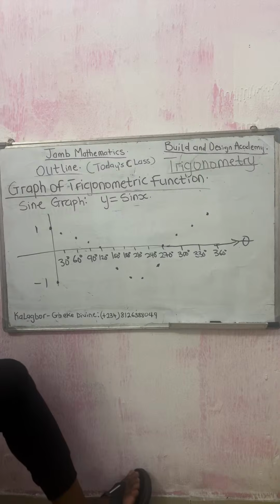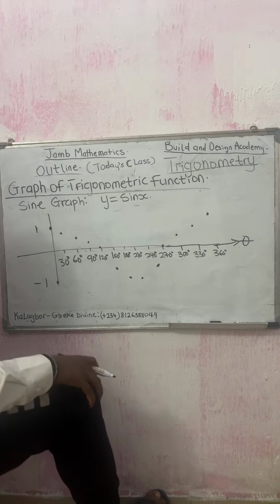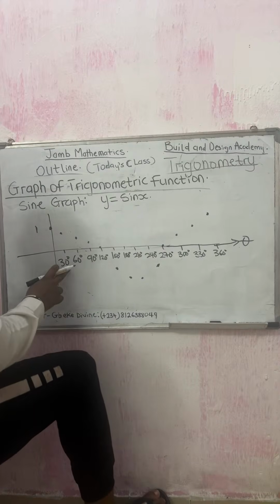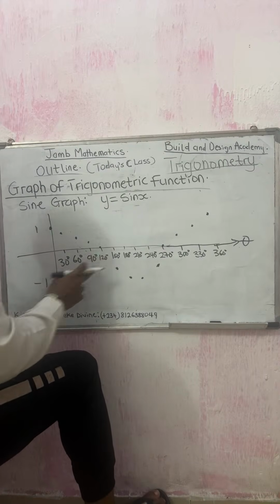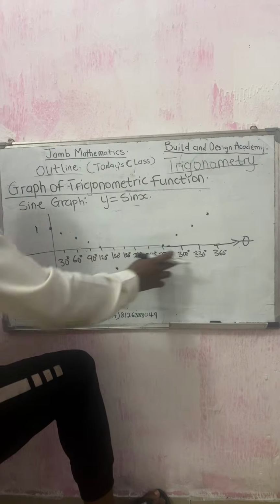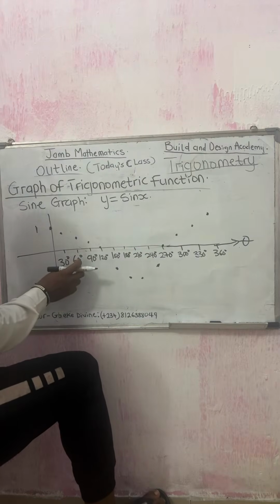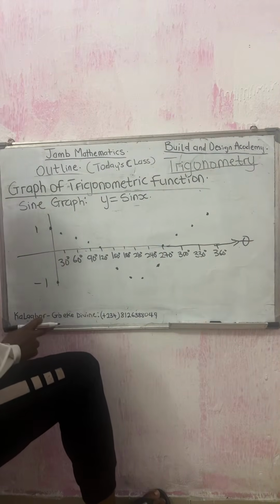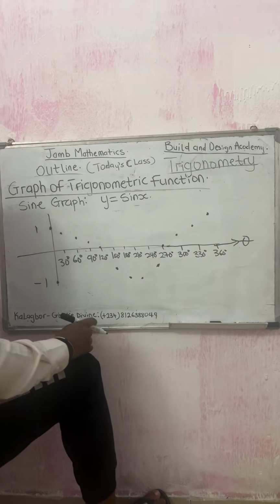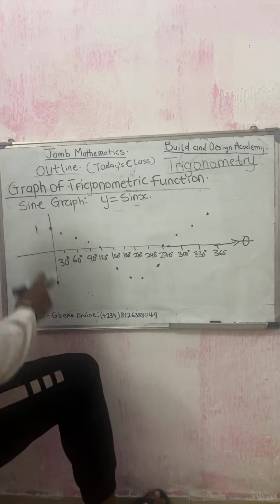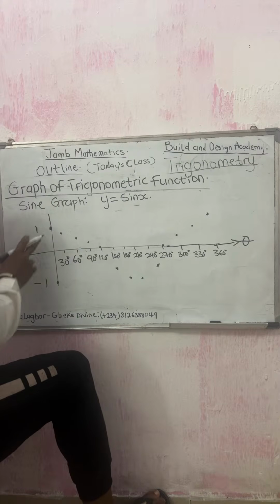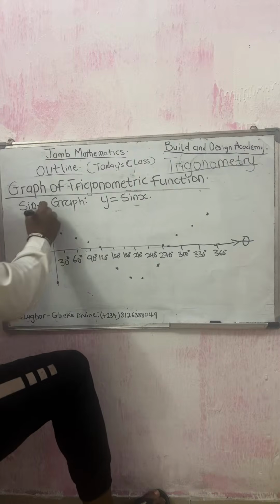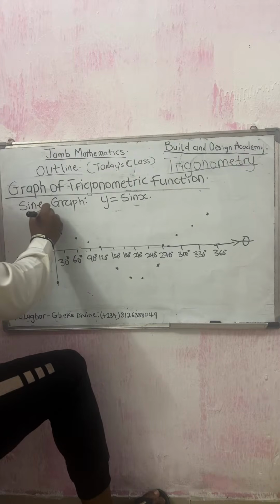So this is for the sine graph. It starts from 0, and at each angle, the scale is 30 degrees to represent 1 unit for the theta angle, the x axis. Then for the y axis, 1 unit represents 1 unit.